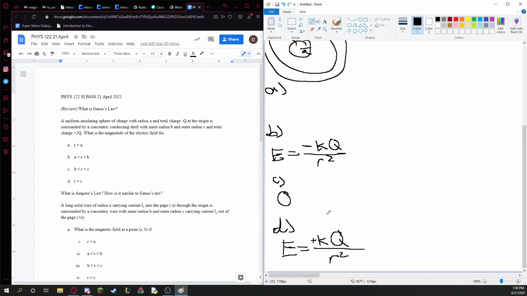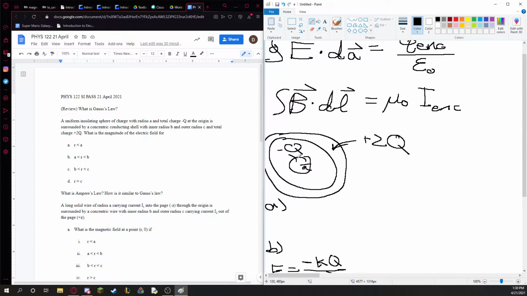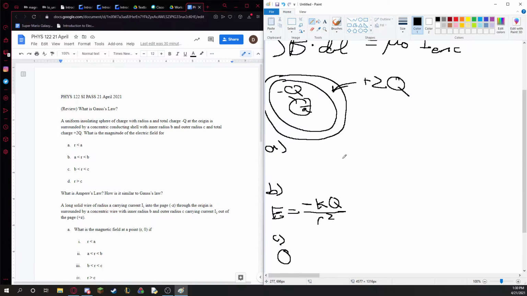How do we find the total enclosed charge when we're inside our sphere? Q enclosed is equal to the density times the volume enclosed. Exactly. And so how do we get the density?